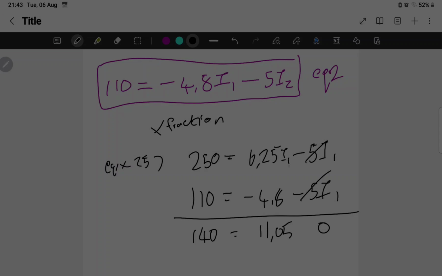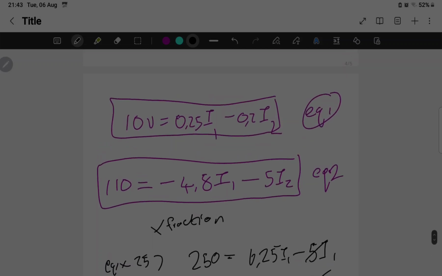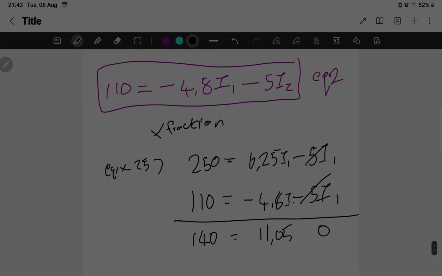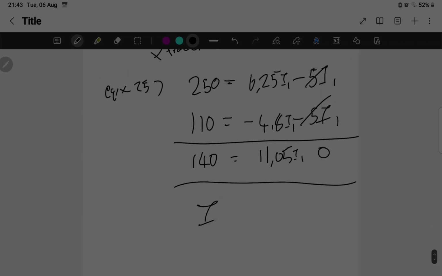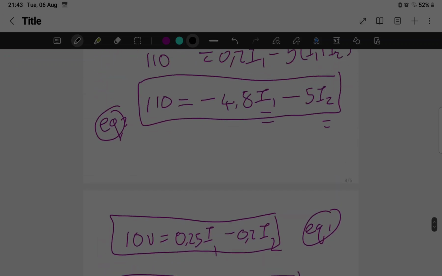So over here is your I1, if I'm not mistaken. And our I1 is equal to 140 divided by 11.05. Not giving me the correct answer.